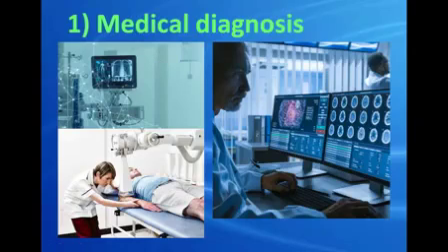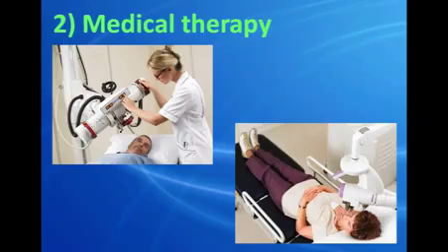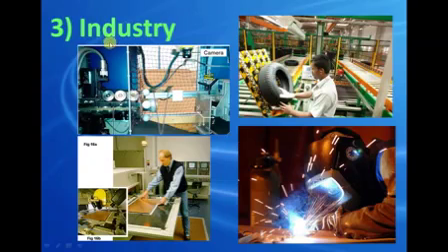X-ray radiography is used to detect fractures, foreign bodies, diseased organs, etc. In medical therapy, X-rays are used to kill diseased tissues and also to cure skin diseases, malignant tumors, etc. In industries, X-rays are used to check for flaws in welding joints, motor tires, tennis balls, and wood.